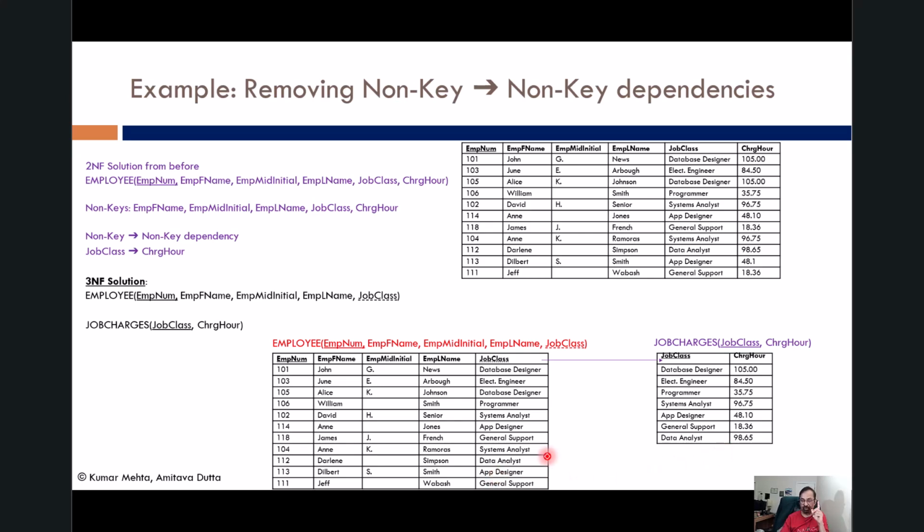So if I have one employee who is a requirements analyst, that employee can leave. I can delete that employee from this table. But the fact that I have a position called requirements analyst at $200 an hour, that record can still remain here. It's not a problem. So by going from second to third normal form, the problem that arose with transitive dependencies has been taken care of, and in my resulting tables, I no longer have update, insert, and delete anomalies.